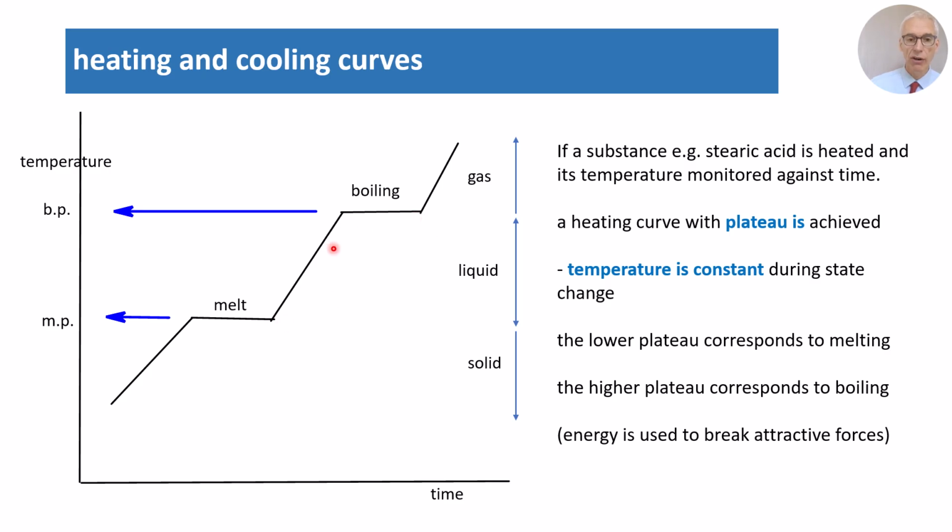In a liquid, there are attractive forces between particles. In a gas, there are very few. So at boiling, those attractive forces are broken, allowing the particles to move much further apart and form the gas. So, exam answer: energy is used to break attractive forces in state change.